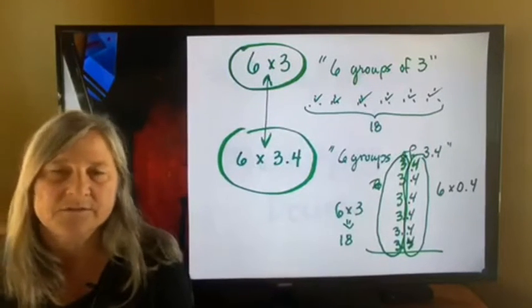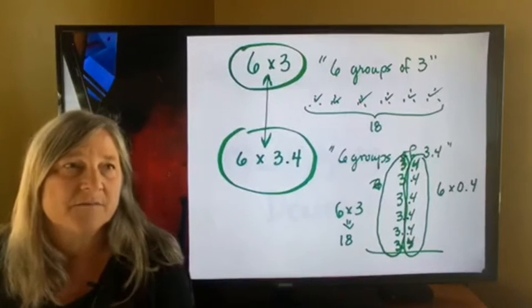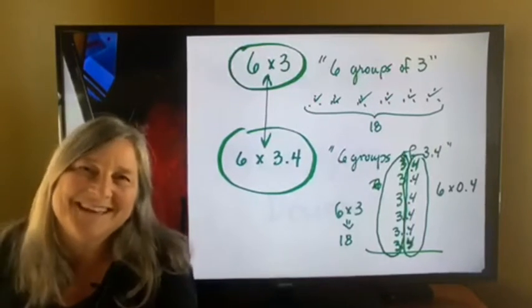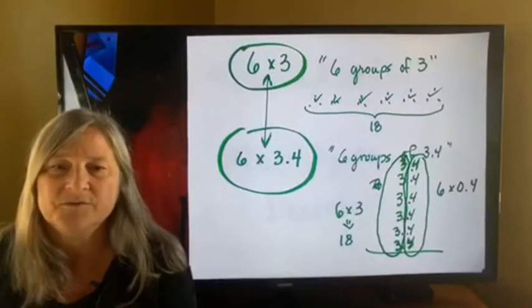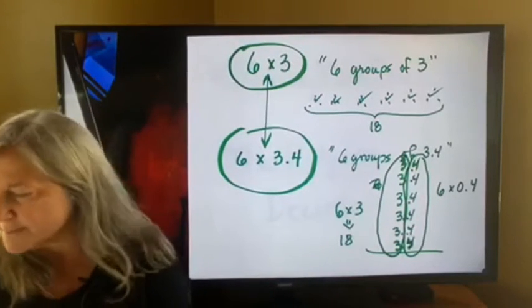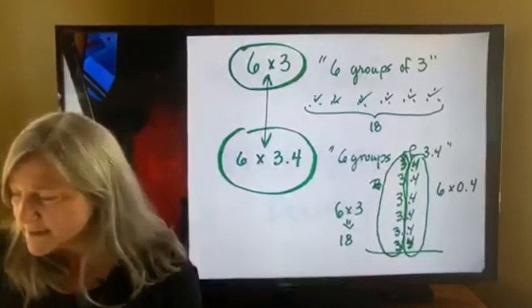One of the things that we know mathematicians do is they look for repeated reasoning. They look for patterns. Not they, we, because we're all mathematicians. We look for patterns. We look for repeated reasoning. We look for things to jump out at us so we can make some declarations about them. So let's look at what kind of patterns we can find with multiplying decimals.